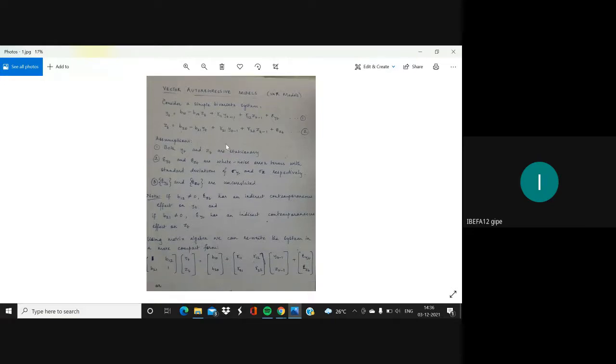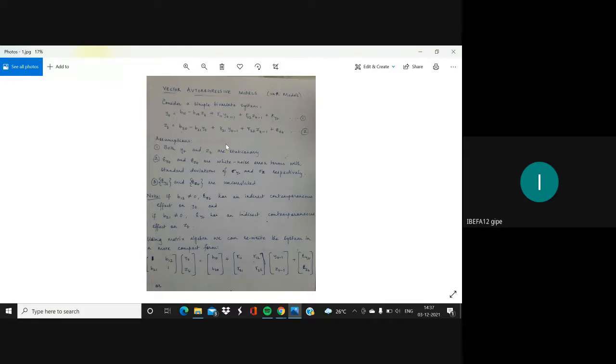So VAR models are basically used for forecasting purposes, and the main objective of such models is to study the interrelationships between variables and see whether they affect each other. In most models you look at one-way effects between variables, that maybe xt affects yt, not the other way around.